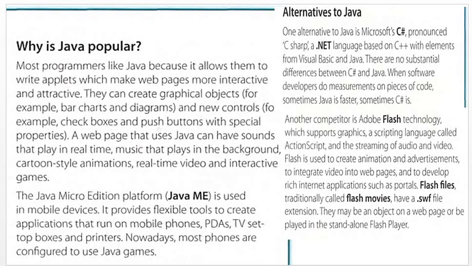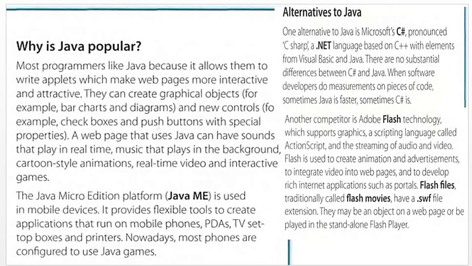They can create graphical objects, for example bar charts and diagrams, and new controls, for example checkboxes and push buttons with special properties. A web page that uses Java can have sound that plays in real time, music that plays in the background, cartoon-style animation, real-time video, and interactive games.